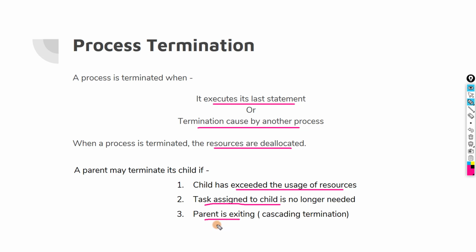So whenever the parent is terminating, it may terminate its child as well, and this termination is called cascading termination. Why cascade? If the parent is terminating, then the child will also be terminated. They are related. So this is called cascading termination.